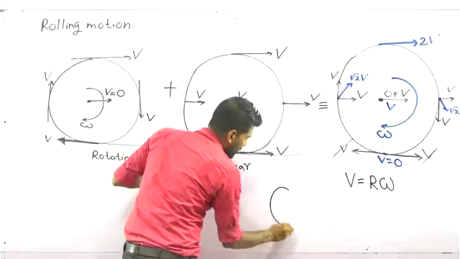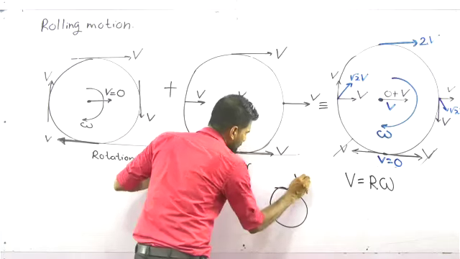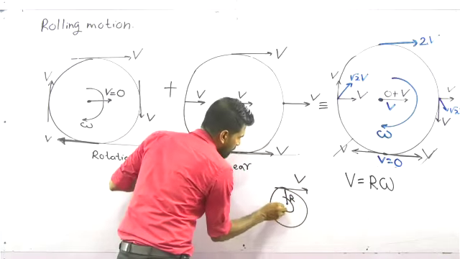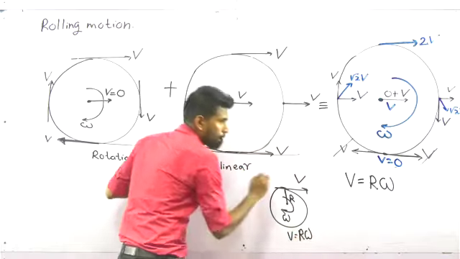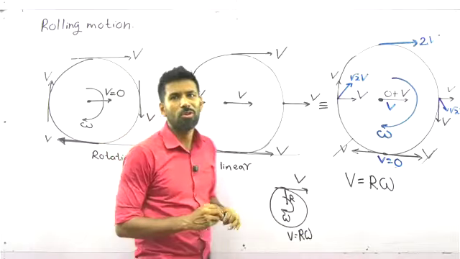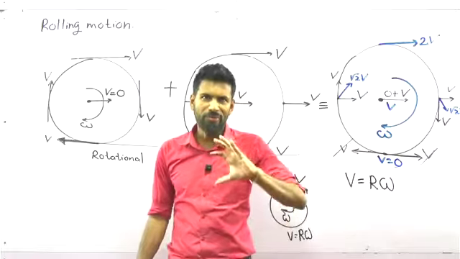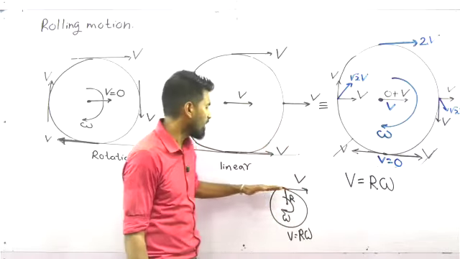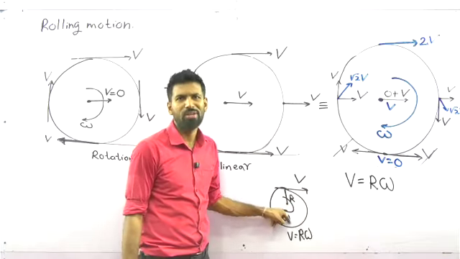When a normal rotation is carrying, the tangential velocity V is equal to radius times the angular velocity. V equals R omega. But here, it is not that V equals R omega. Can you remember? If it is just a rotation, tangential velocity, radius times angular velocity, V equals R omega.